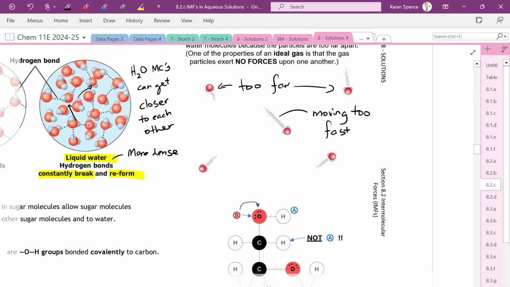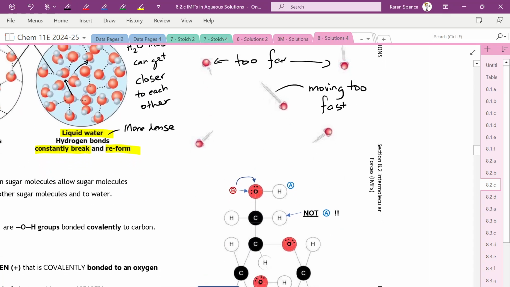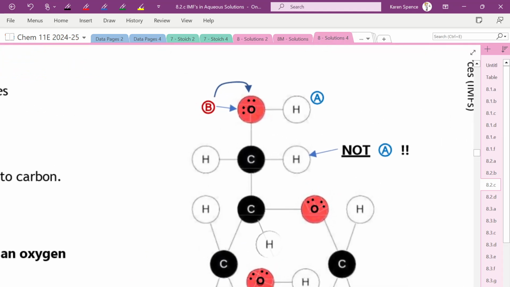All right. Let's take a look at this molecule here, and you're going to tell me if this yellow hydrogen can be involved in hydrogen bonding. Can it hydrogen bond? Yes or no?